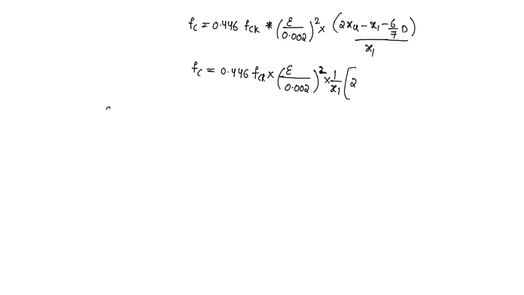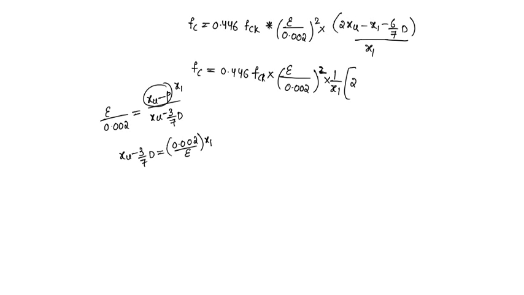we know, epsilon by 0.002 is equal to xu minus p by xu minus 3/7 of d, that value is x1 again, then xu minus 3/7 of d will be equal to 0.002 by epsilon into x1, and this is 2 times of 0.002 by epsilon into x1.